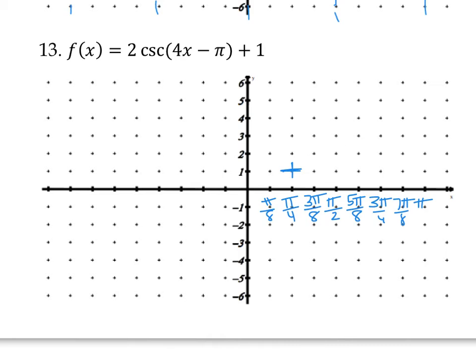So sine starts at 0, 0, and then I go over 1, up 1, but because of this 2, I got to go over 1, up 2. Over 1, down 2, over 1, down 2, over 1, up 2, over 1, up 2, all the way across, alternating. And because this is your makeshift origin, this is your makeshift x-axis, so everywhere it touches the new x-axis is where there's an asymptote.